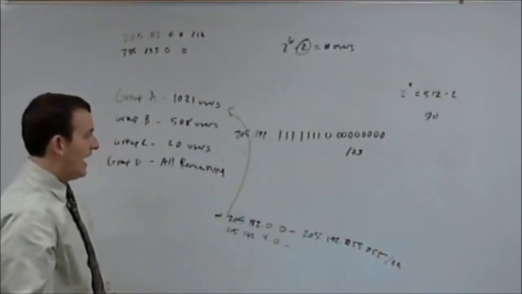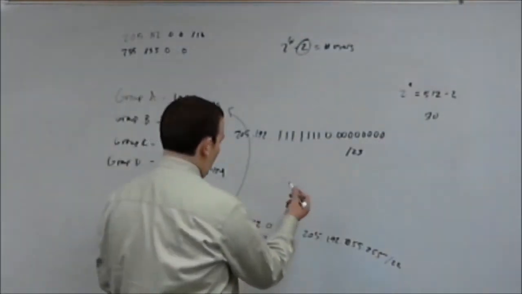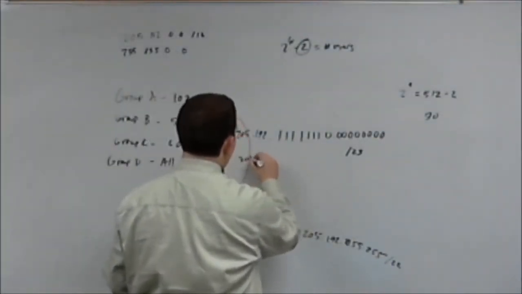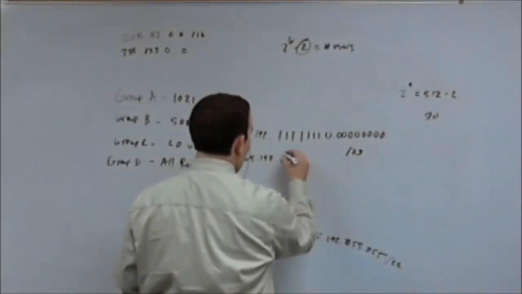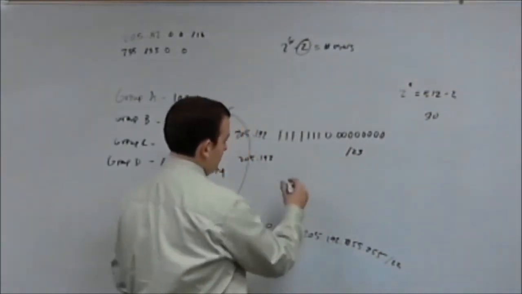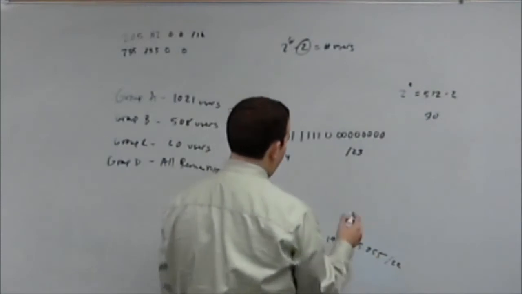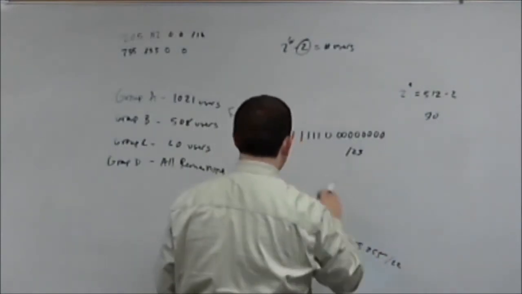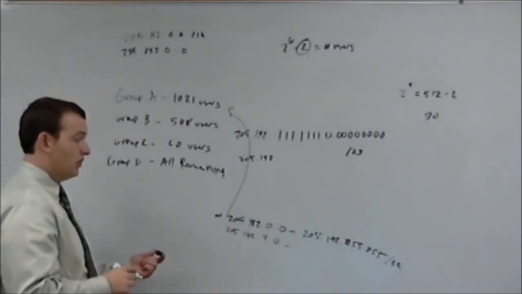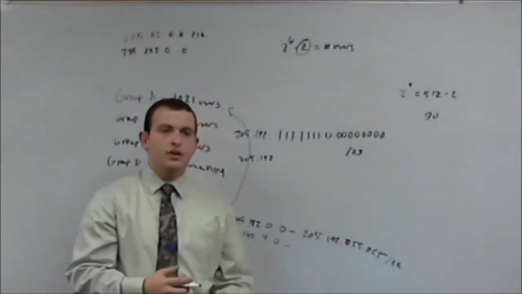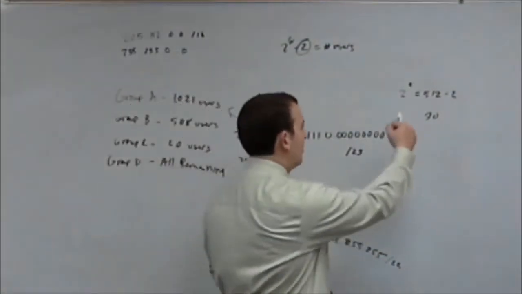So we need to calculate how far we can get to the next one. So our current address is going to be 205.192.4.0. And we need to figure out where we're going to go from here, where our next host is going to end. Now, we of course already know where it's going to start based on our last subnet. We need to figure out where it's going to end. Well, we have 512 hosts.